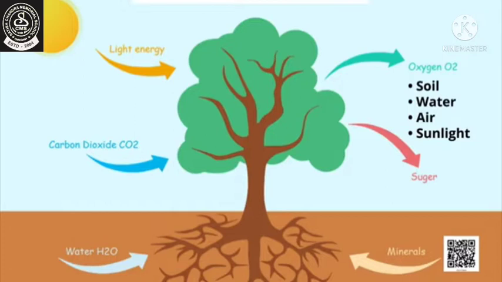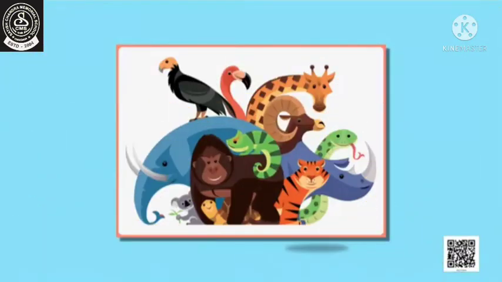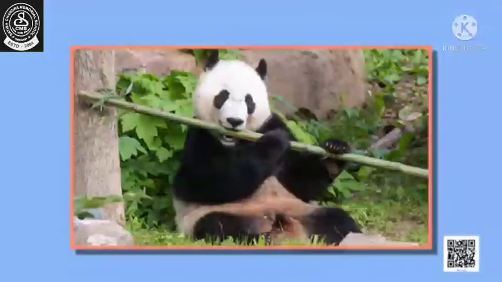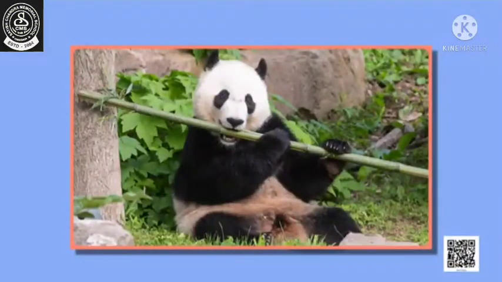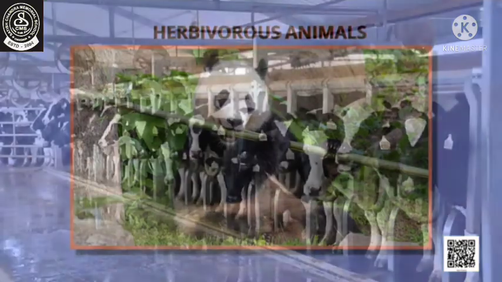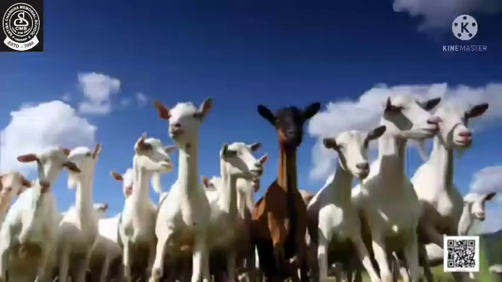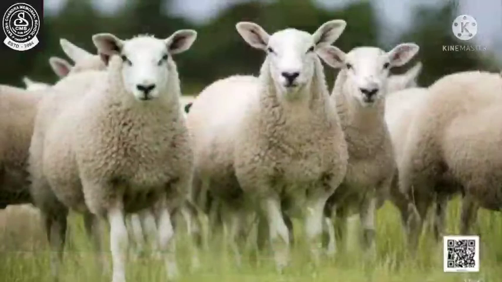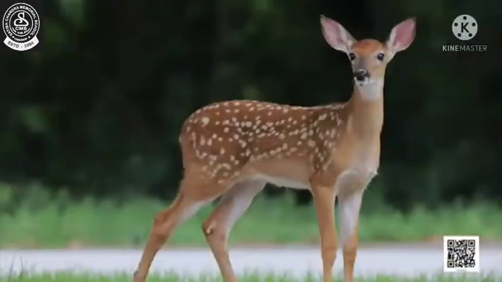Now, if we talk about other animals present on the earth, so many animals directly depend on plants for their food, and they are called herbivorous animals like cows, goats, squirrel, sheep, deer, etc.